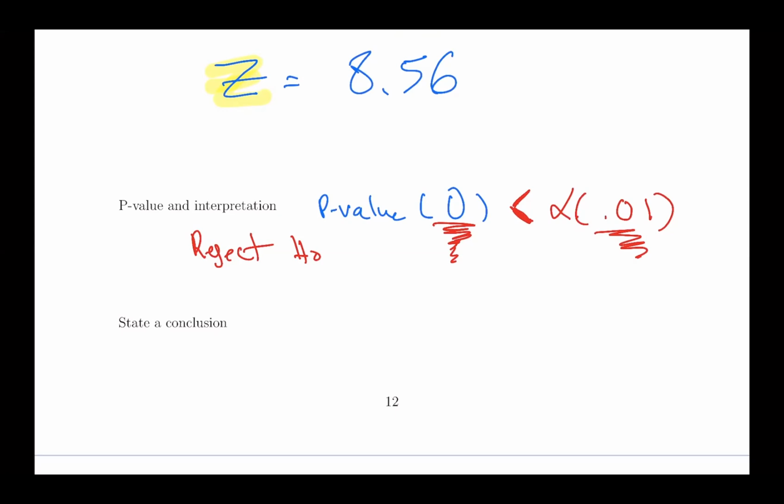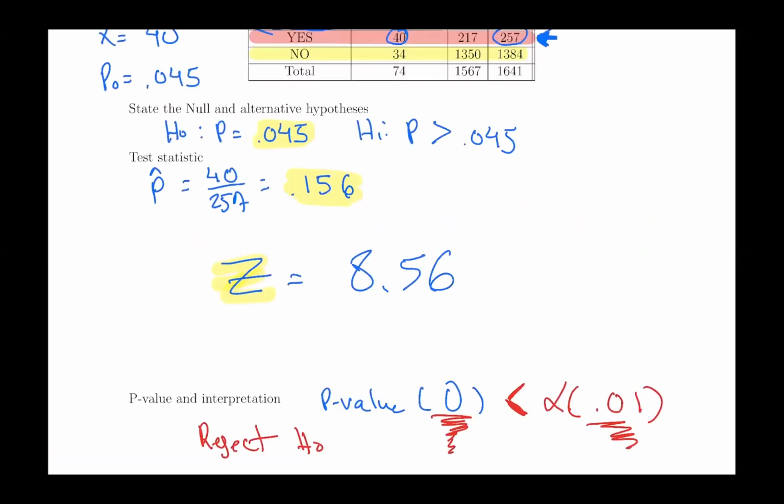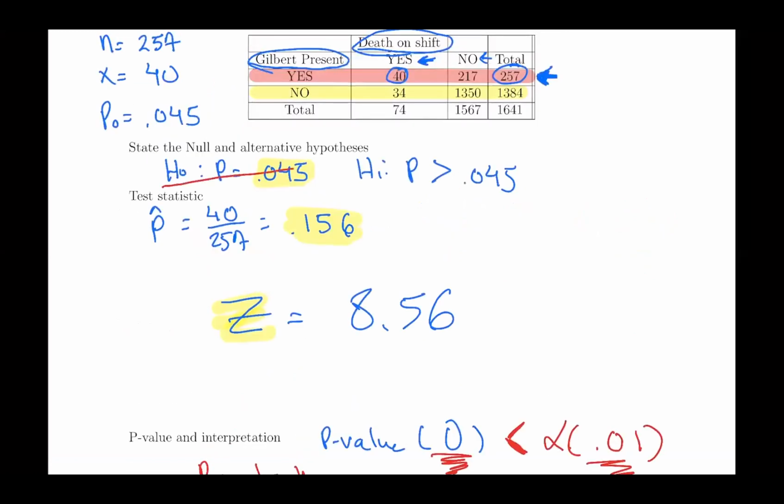So we'll say she is guilty of killing these people. Because pretty much what we're doing, we're rejecting the fact that the proportion of death during her shift is the same as the hospital. And we're concluding that the proportion of death during her shift is significantly bigger than the hospital proportion of death during the shift. So that's it for that one.